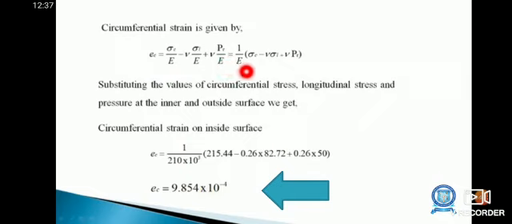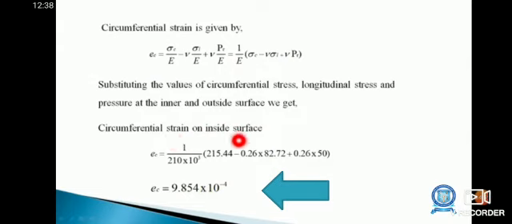Taking 1 by E outside: 1 divided by E into sigma C minus Poisson ratio into sigma L plus Poisson ratio into P, close the bracket. That is the formula we are using. So substituting the values of circumferential stress, longitudinal stress and pressure at the inner and outer surface, we get the circumferential strain.